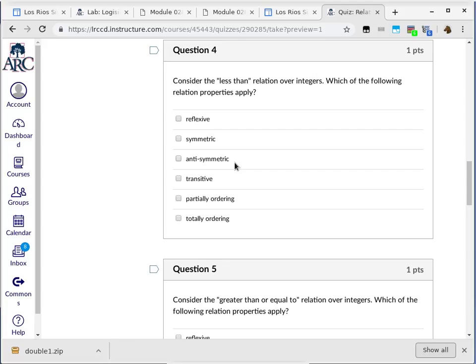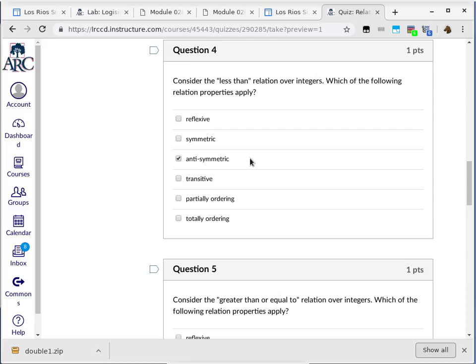If A is less than B and B is less than A, then A equals B. Now you have to think about this one carefully. It is actually true. Less than is anti-symmetric, because of the implication.